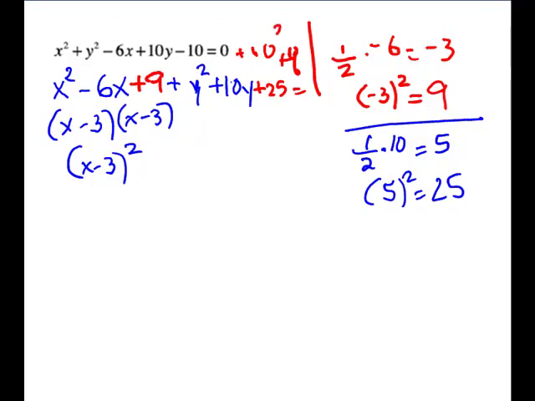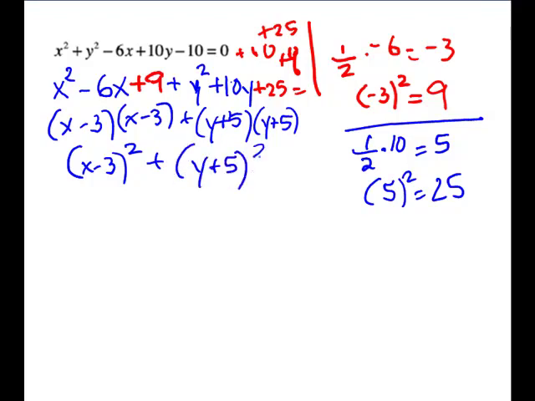Sorry, I got this a little messy over here. All right, now I can factor on this side. So I have y plus 5 and y plus 5, which is y plus 5 squared.